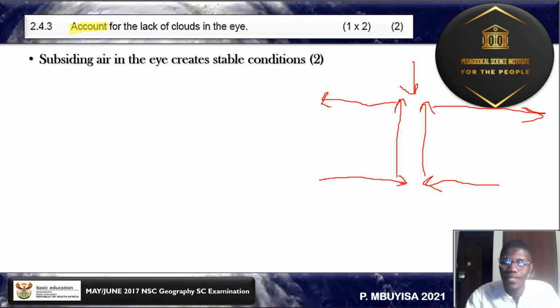And as it warms up adiabatically, it means that in the eye you are going to have this air creating stable conditions, as you can see in the slide here. So our subsiding air is going to create stable conditions, in a sense that we won't have cloud cover, we're not going to have strong winds, we're not going to have any form of precipitation as a result.